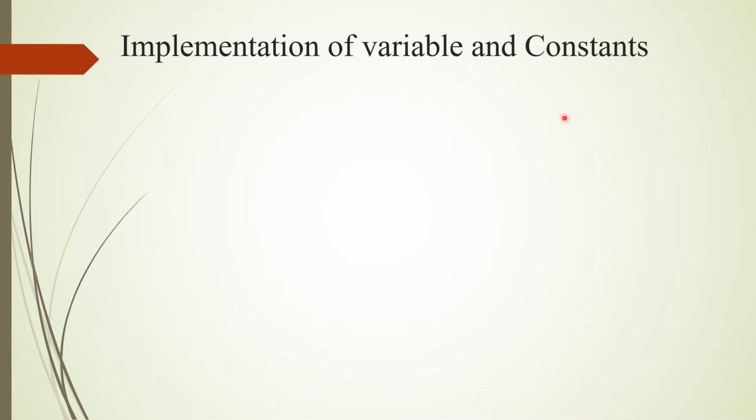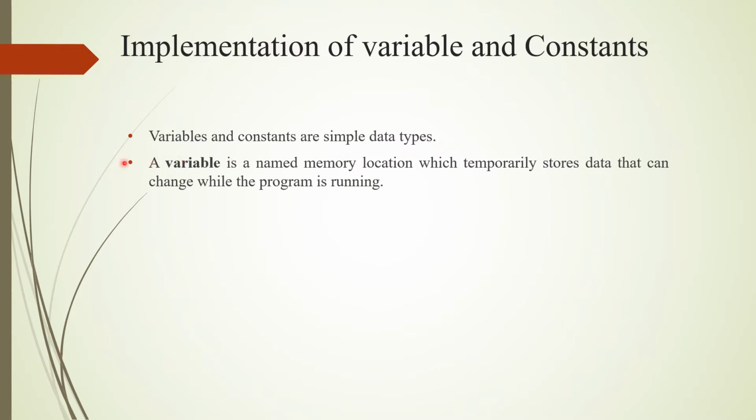Now before going into the types of addressing modes, let us have brief information about variables and constants. We already know that variables and constants are simple data types. A variable is a named memory location which temporarily stores data that can change while the program is running. That's why it is called a variable.